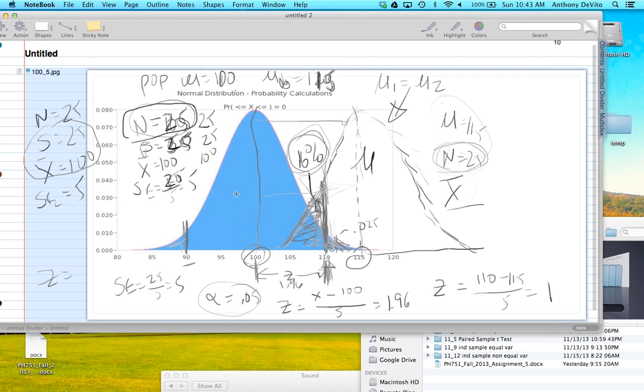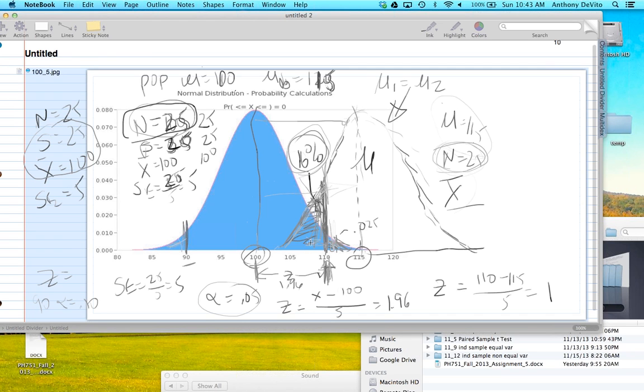That's 16%. Well, let's say that I want to make it less likely that that's going to occur. One of the ways I can make it less likely is to say, well, I don't have to be 95% sure. I can be 90% sure and make my alpha 0.1 instead.